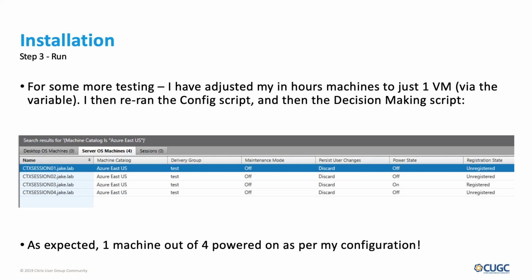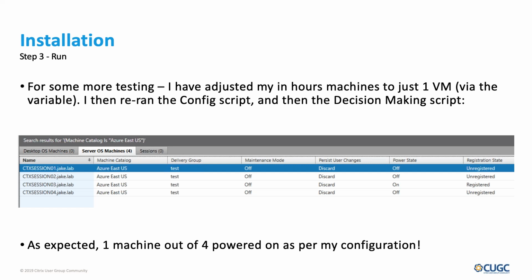What you need to remember at that point is that rerunning the decision-making script will rerun with your old configuration. What you need to do is go into your configuration script, change the number of virtual machines, and get it to recreate that decision-making script. That's just a little point to bear in mind. So if your environment changes, then you need to update your configuration as well.